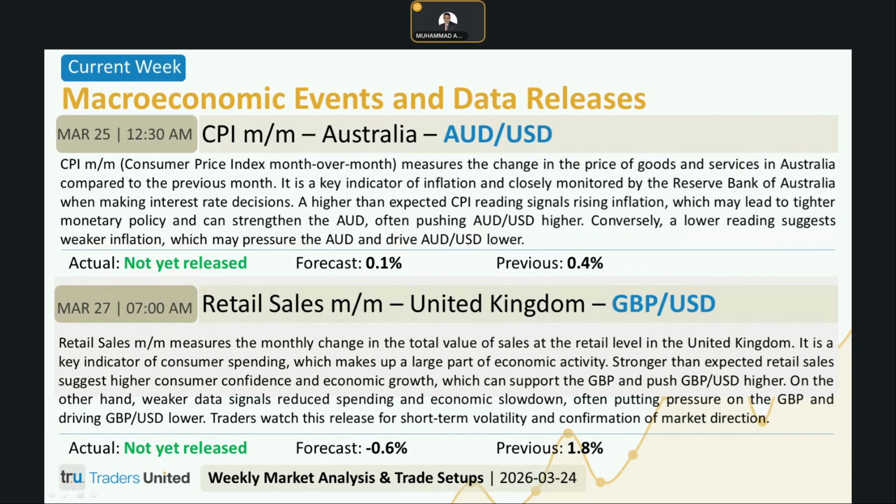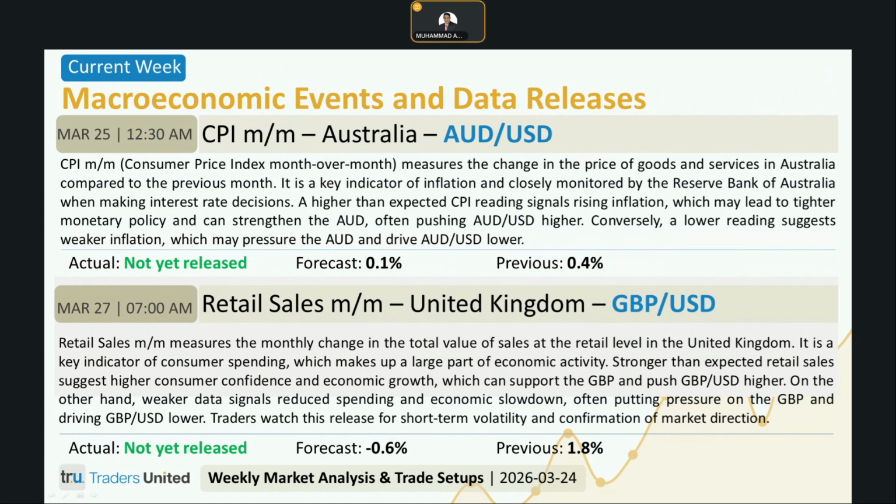CPI month over month, also known as Consumer Price Index, month over month, measures the change in the price of goods and services in Australia compared to the previous month. It is a key economic indicator of inflation and is closely watched by the Reserve Bank of Australia when making interest rate decisions.